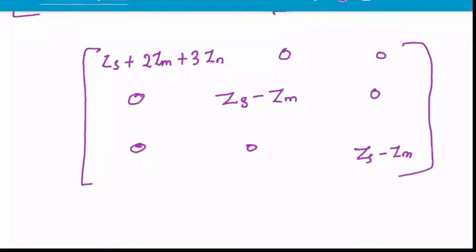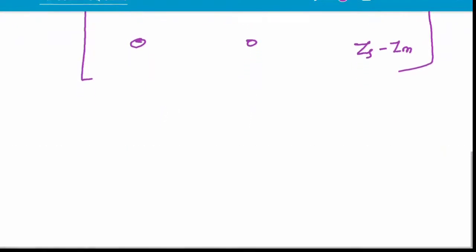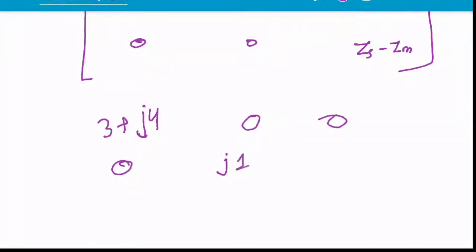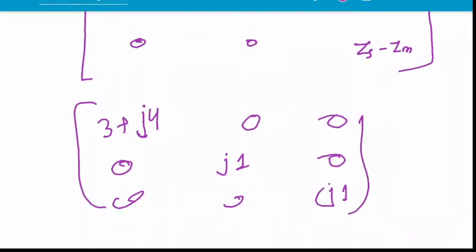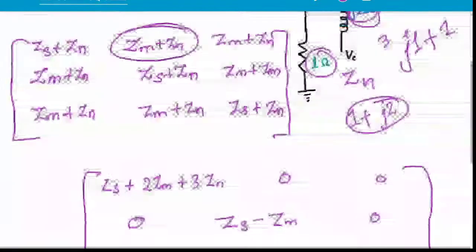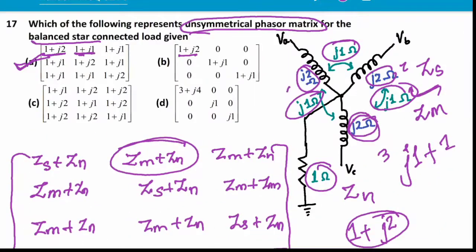So this matrix will be 3 plus j4, 0, 0, 0, j1, 0, 0, 0, j1. This matrix will be equal to option D. If given for the symmetrical phasor matrix, then this will be the answer.